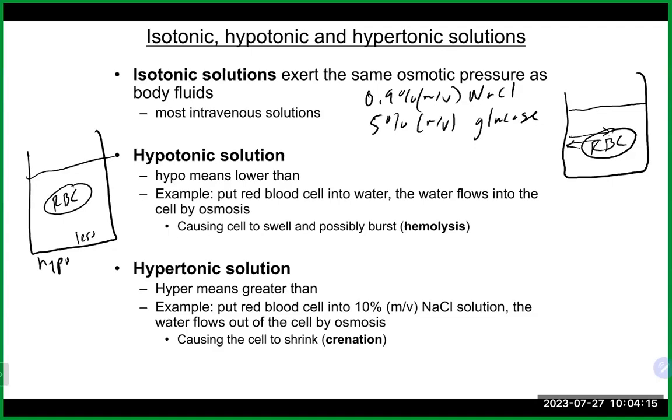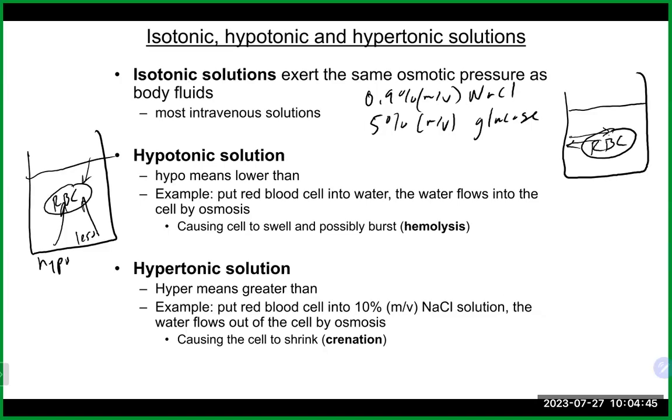So what's going to happen in that situation is osmosis is going to take over, and the fluid outside of the cell is going to rush into the cell because it is more concentrated inside. Again, that's the effort to dilute down the more concentrated side. That's going to allow your cells to collect a bunch of fluid, which is probably not so great. That's going to cause it to swell and perhaps burst, which is known as hemolysis.